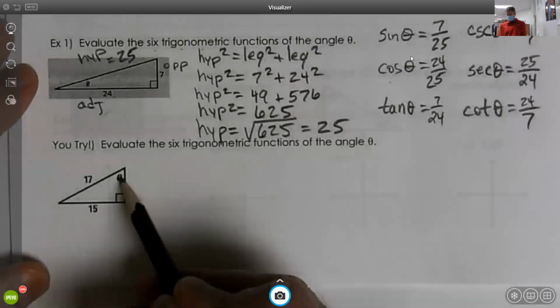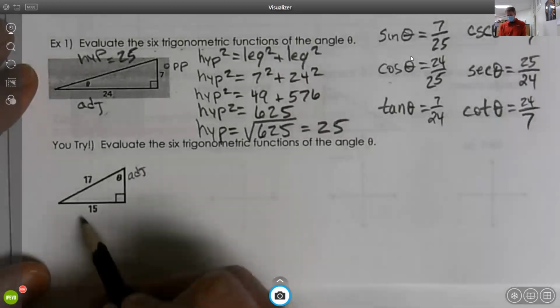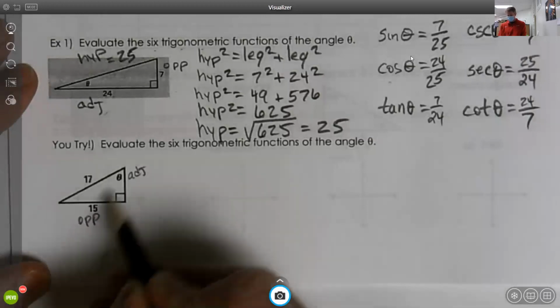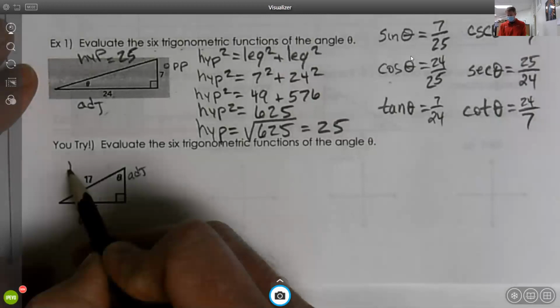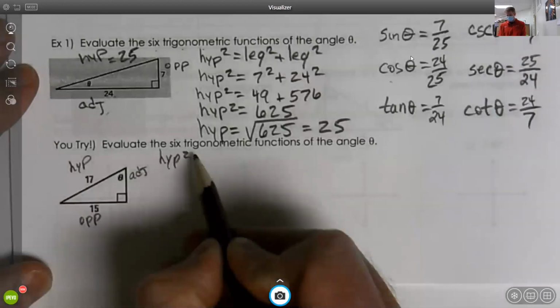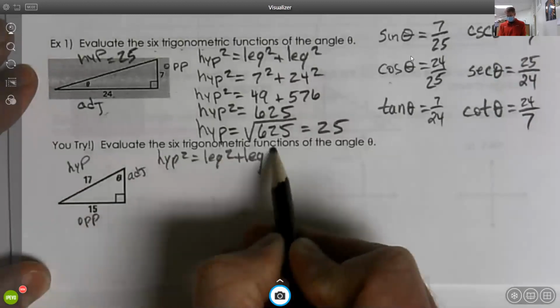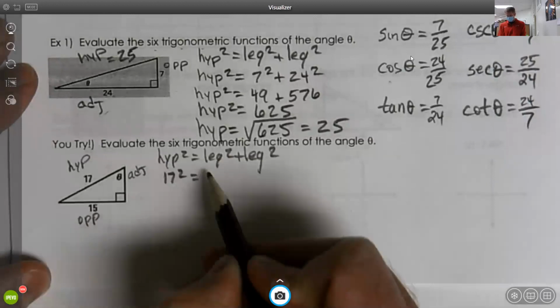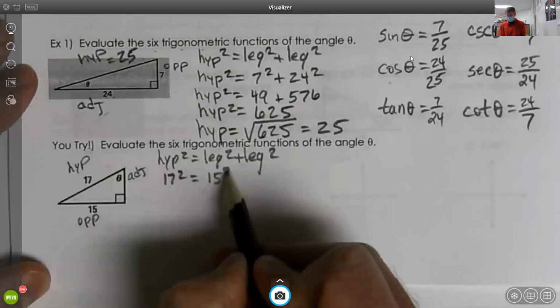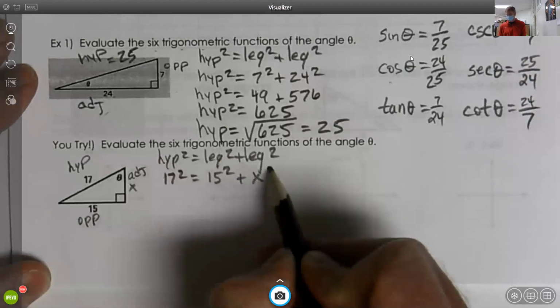So from our theta, we're looking for our adjacent side. 15 would be considered your opposite side because it's across from it. And of course, across from the 90 is your hypotenuse. So we have our 17 squared, our 15 squared, and our unknown, if you like to call that a variable, x is pretty common.